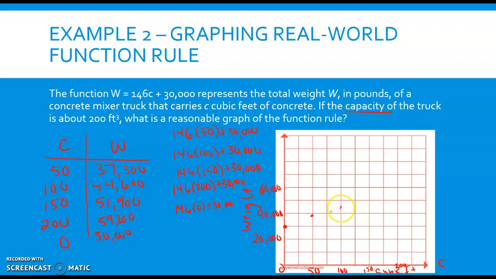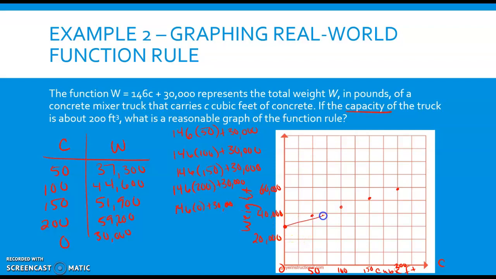And then 150 was 51,900, so that's just above the 50,000. And then 200, oops, I put that one too close. That one should be here, not there. All right, and then 200 is at 59,200. And so that's about here.